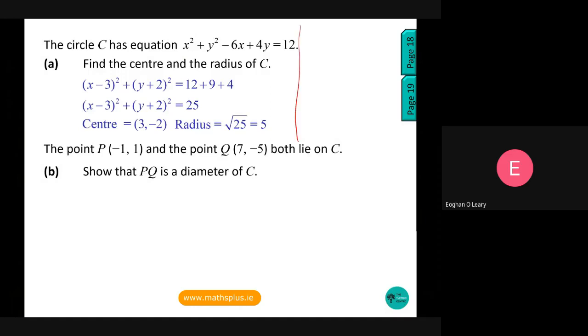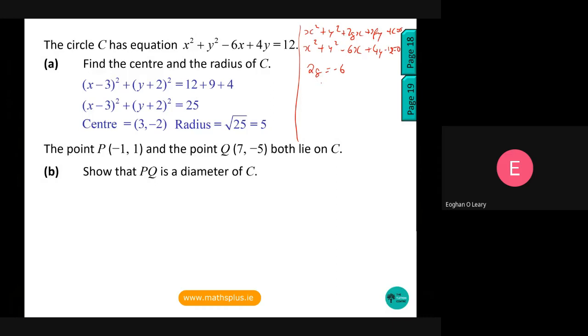Because some of you will have done it a different way. You'll have looked at it as x squared plus y squared plus 2gx plus 2fy plus c equals 0. And you'd say to yourself, okay, our equation is x squared plus y squared minus 6x plus 4y minus 12 equals 0, so I can equate the coefficients. 2g is equal to minus 6.